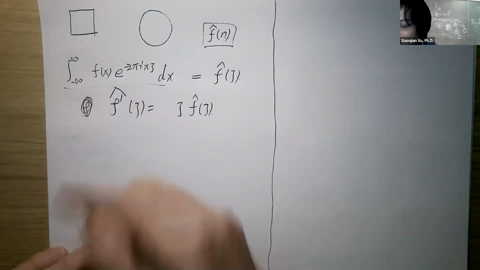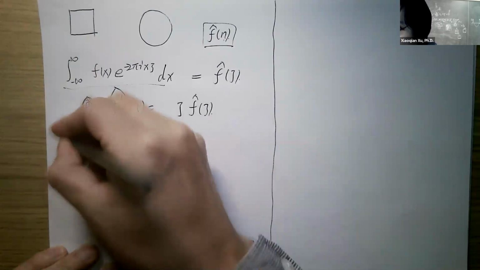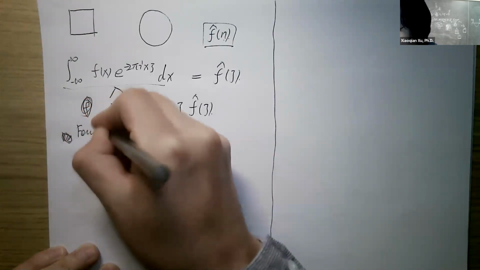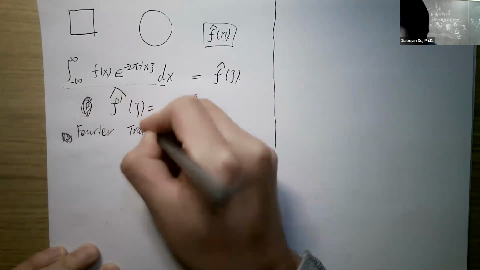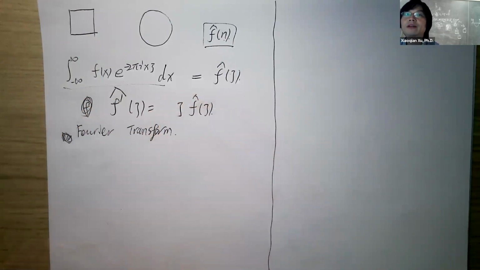This is the Fourier transform, which is in chapter 5 of Stein's book.